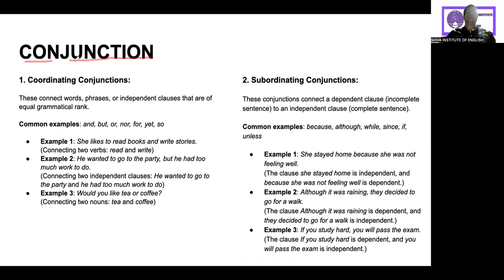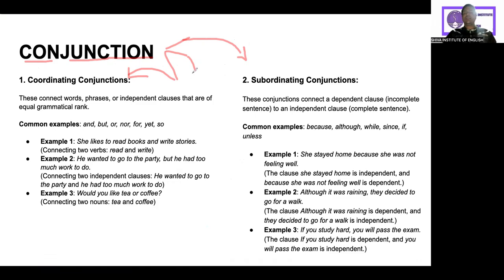Now, conjunctions can be divided into three parts. What are they? There are three types of conjunctions. One is called coordinating conjunctions, the other one is called subordinating conjunctions, and the third one is called correlative conjunctions.